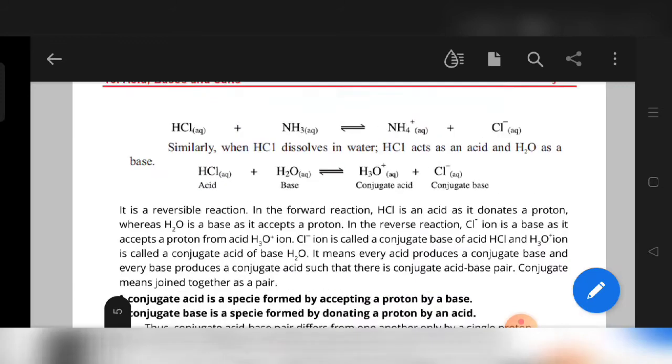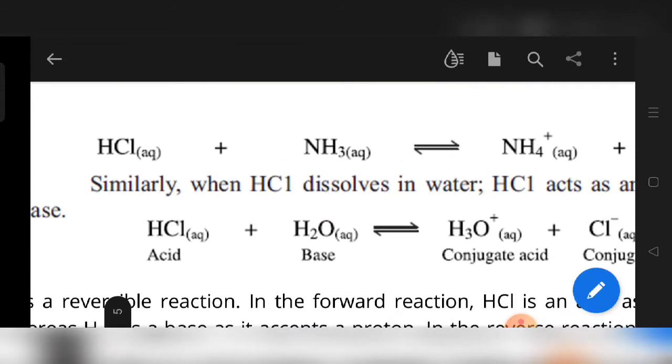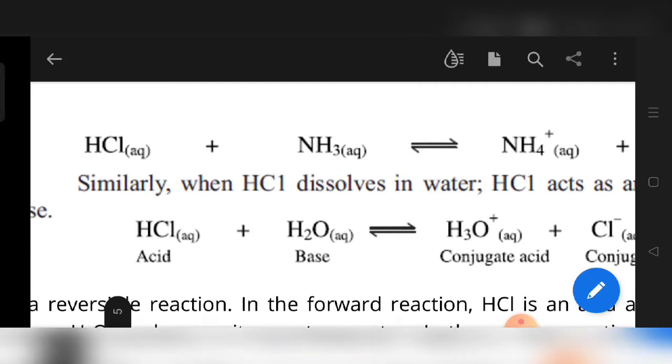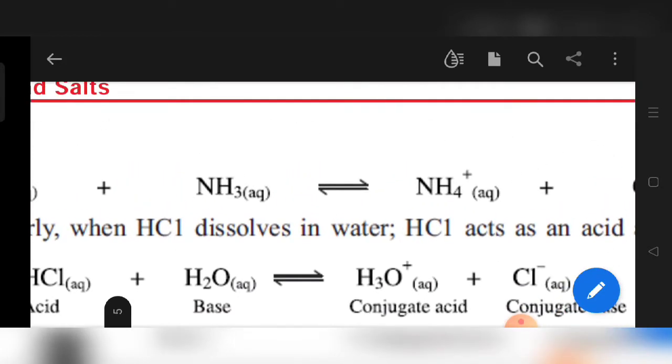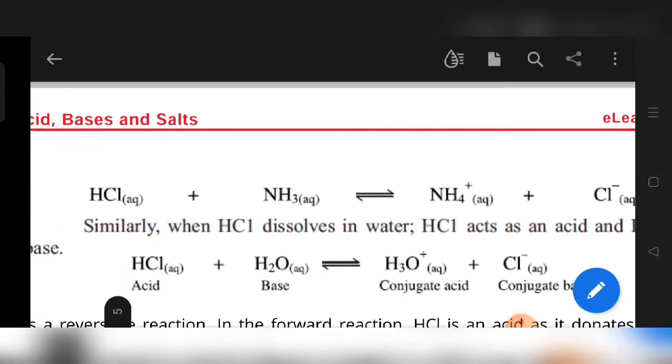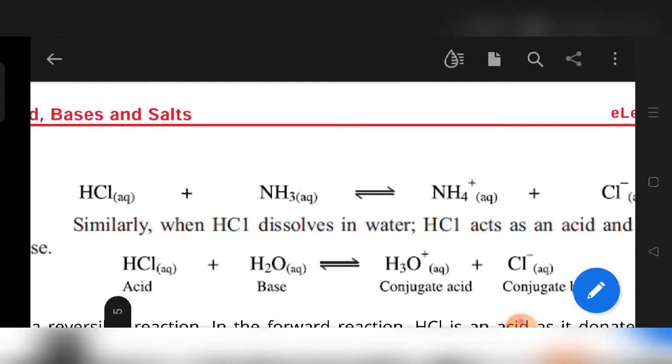For example, you can see here that when HCl and ammonia react, hydrochloric acid will donate its hydrogen ion, a proton in the form of H positive, to the ammonia, and the ammonia will convert into NH4 positive by accepting the proton, the ammonium ion.